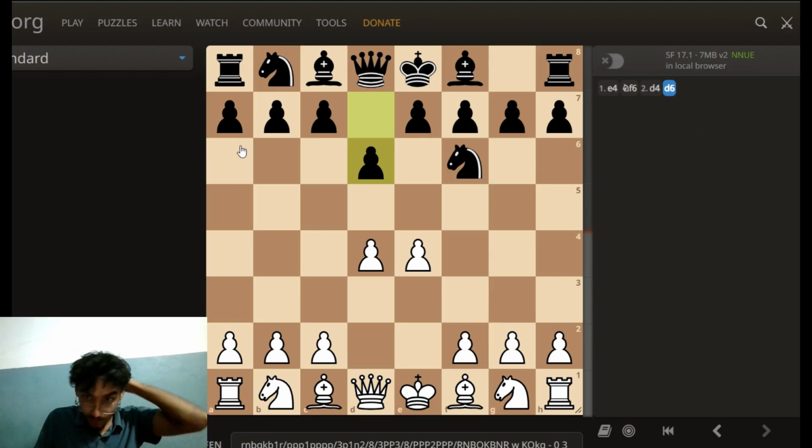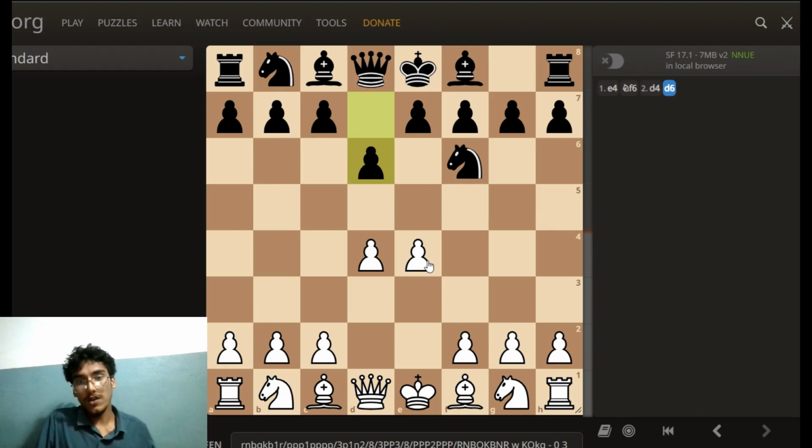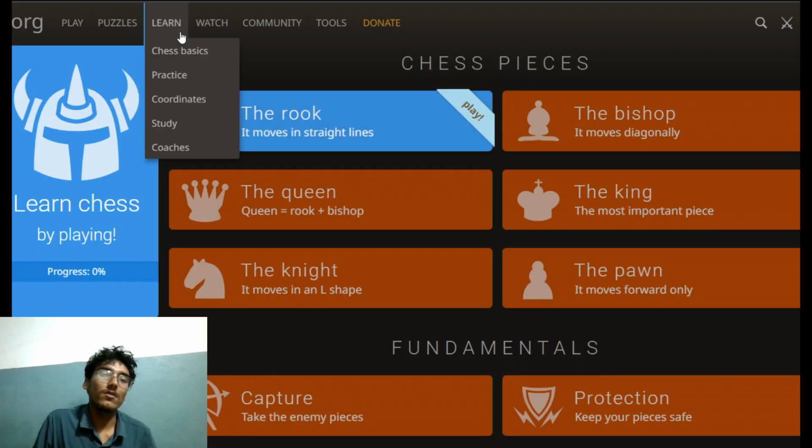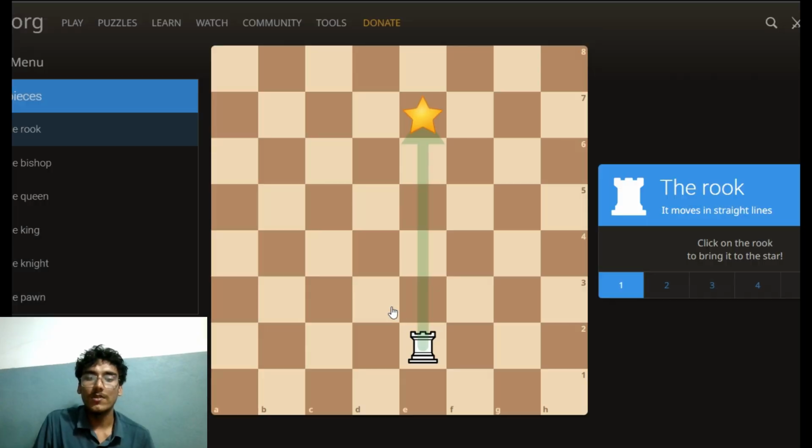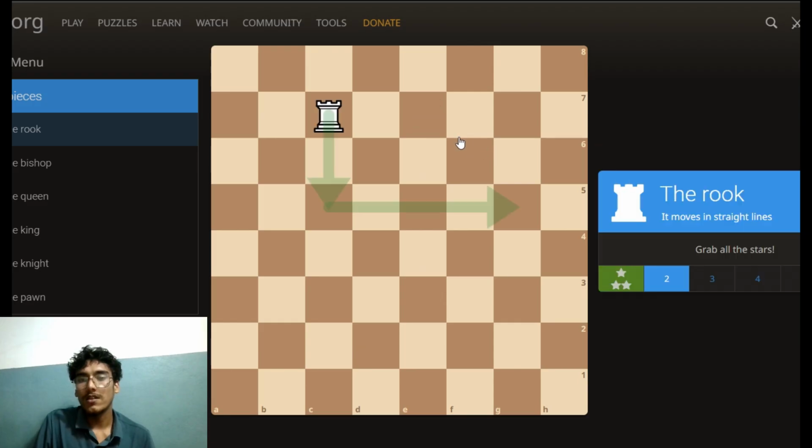And let's learn how the pieces work. Can this piece move to this square or not? Let's learn this, starting with the rook. The rook moves in a straight line, just like this: straight line, straight line, straight line. It can move wherever it wants.